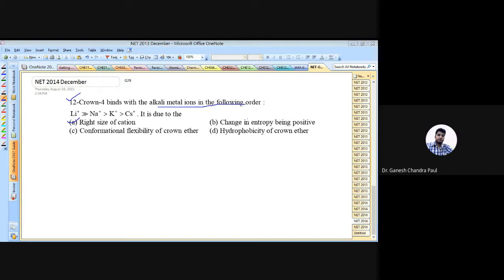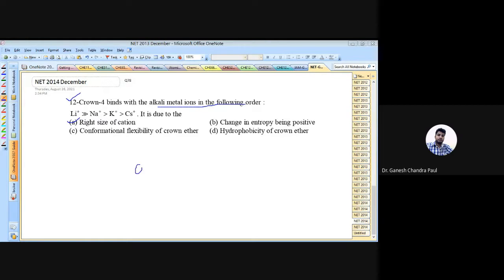Change in entropy being positive, conformational flexibility of the crown ether, all these things. What do you think? Yes, sir, option A. Option A is the correct answer.